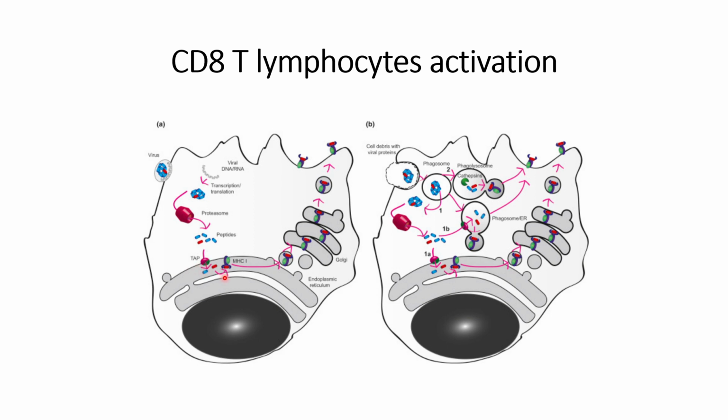This TAP helps in binding the antigen of the viral protein to the MHC1, the major histocompatibility complex 1. After that, the major histocompatibility complex 1 follows the secretory pathway via Golgi, then expresses itself along with the antigen at the cell surface.